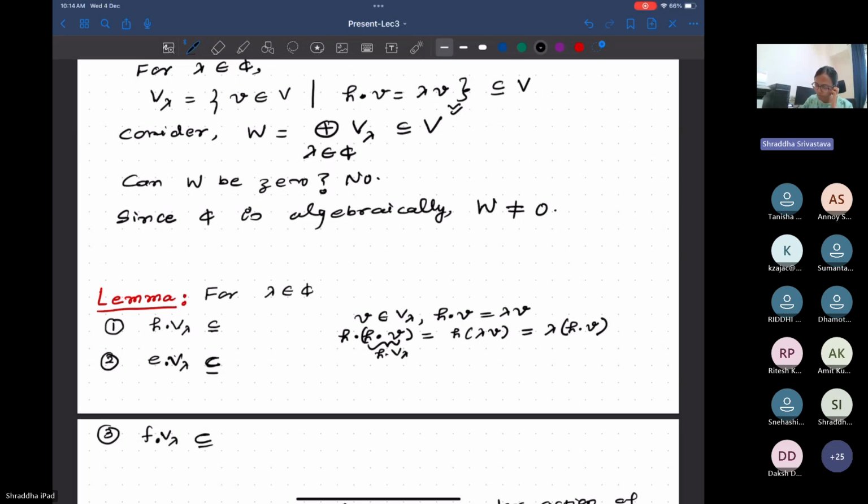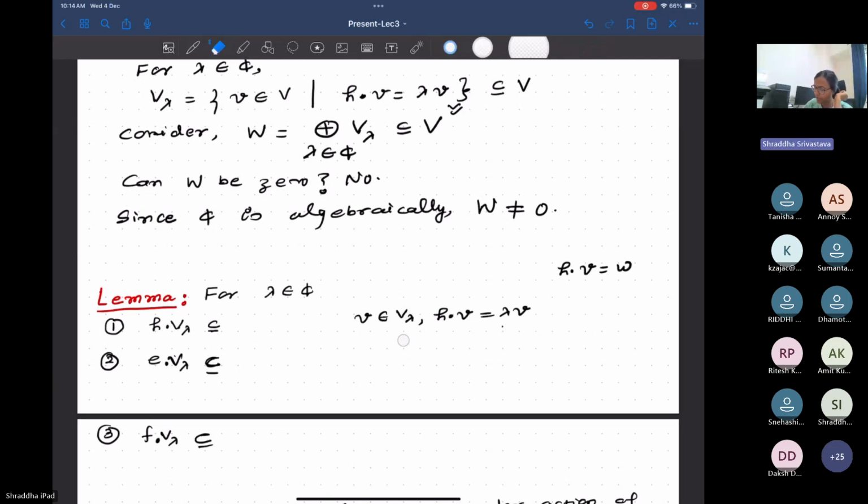So what should I write here? Lambda square V. Why lambda square? H dot of V is lambda V. Okay, so if you are confused, you write this H dot V to be W and then do the calculation.